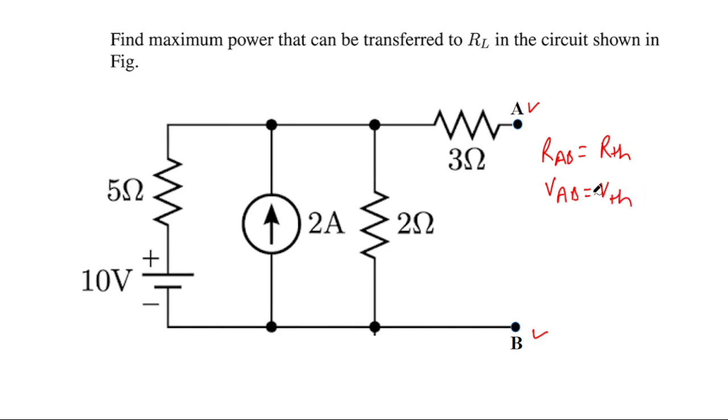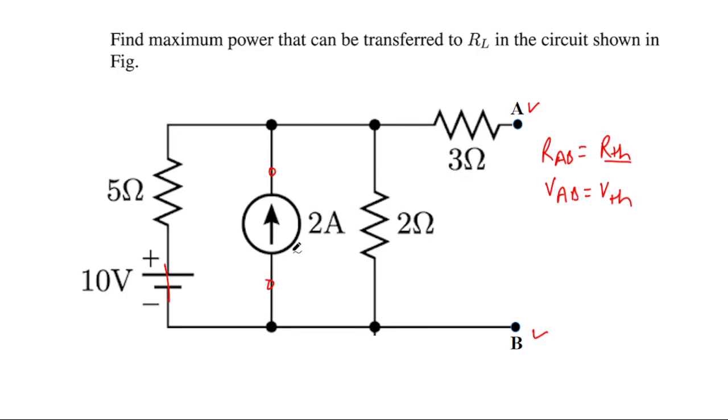So RAB is equal to RTH when all the electrical sources are made ineffective. To make them ineffective for the Thevenin resistance, we will short circuit the 10 volt source, and we will open circuit the current source.